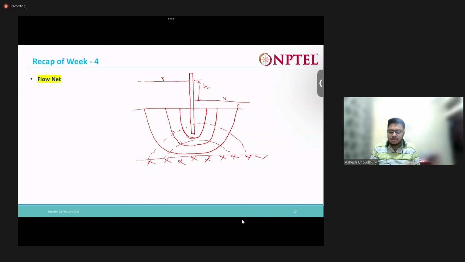While drawing, the two main criteria which I should satisfy: first, the flow lines and my equipotential lines both should be perpendicular to each other. And the second criterion is that the flow elements which will be formed should be approximately square. So using these two criteria, you need to construct the flow net by trial and error.